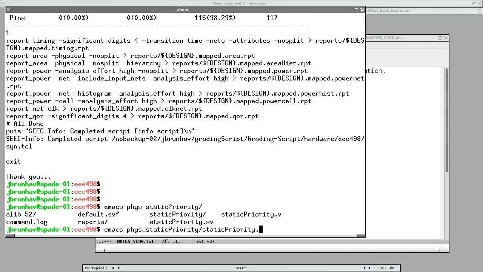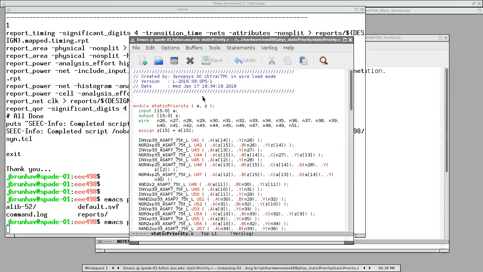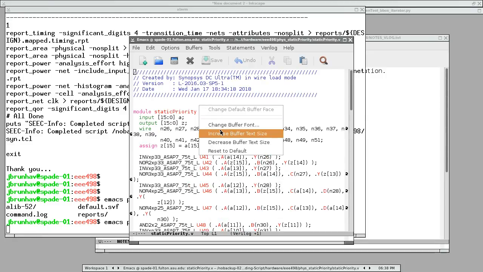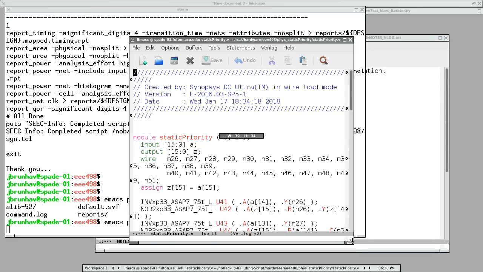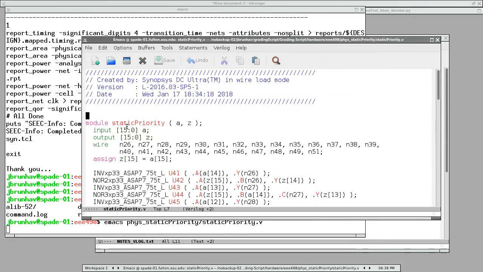So it creates a Verilog file that represents the module. It looks similar to what we had before, static priority, A equals 5.